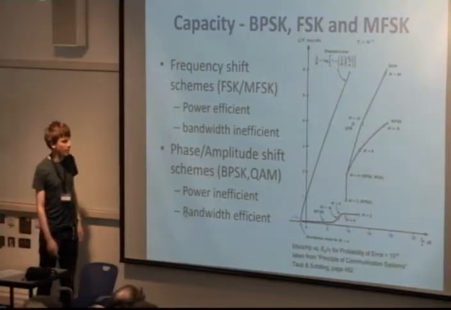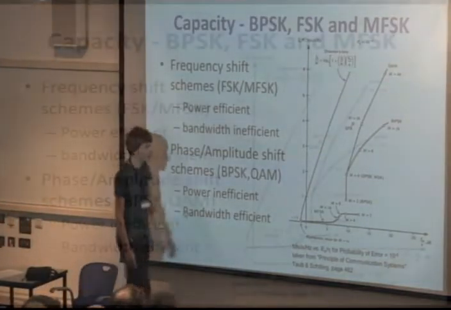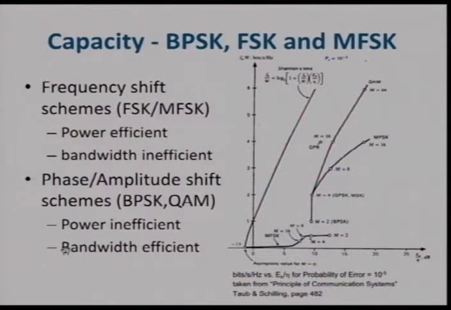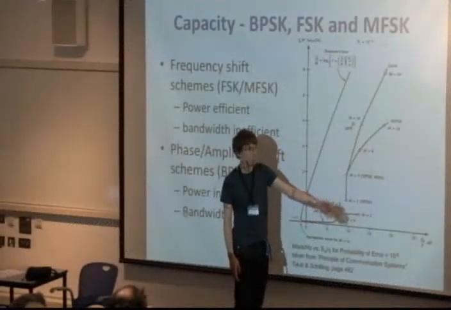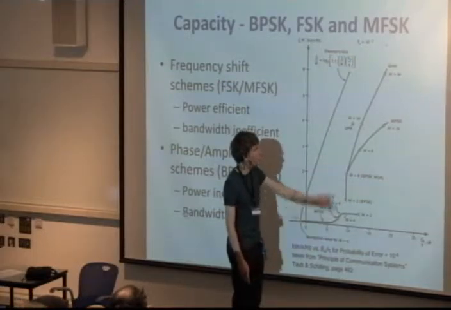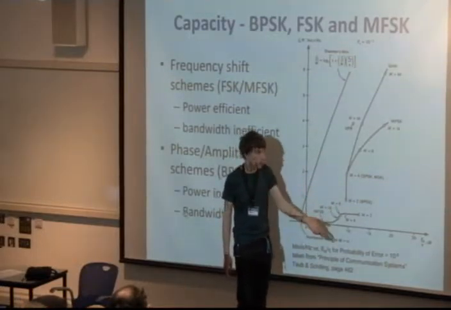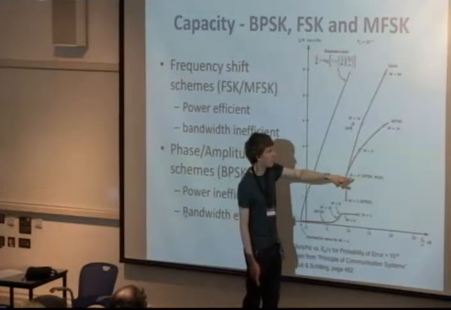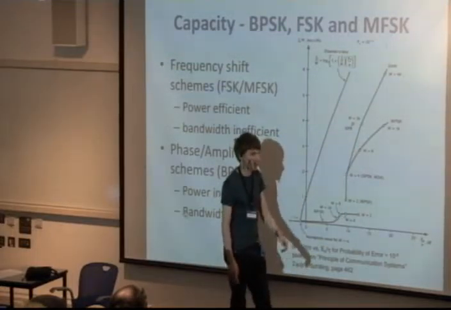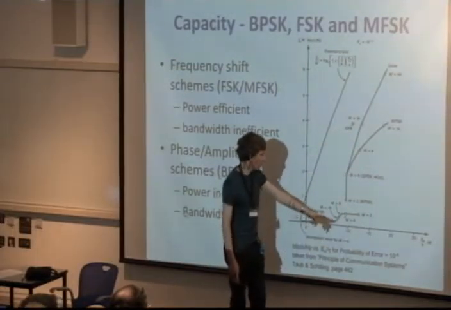And now a slide I stole. So this is just the capacity again, but now we're showing different modulation schemes. So these are all uncoded. And so the thing to take away is that when you have lots of SNR and you want lots of bandwidth, you use these phase shift schemes. They're very bandwidth efficient, but not particularly energy efficient.